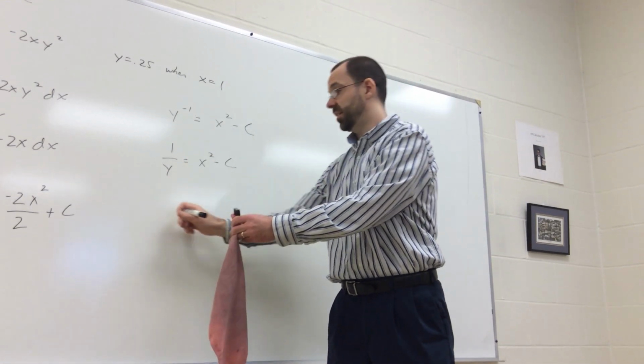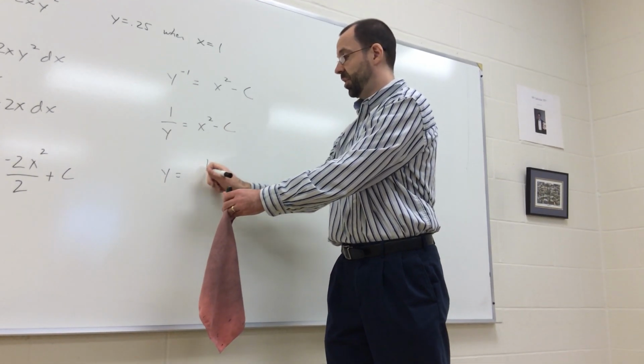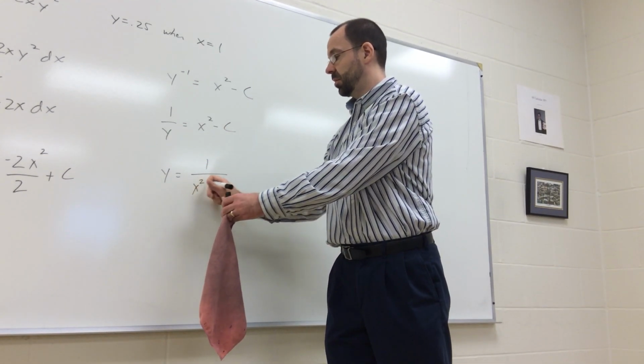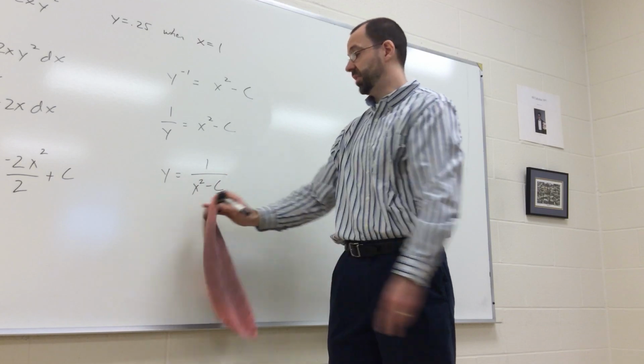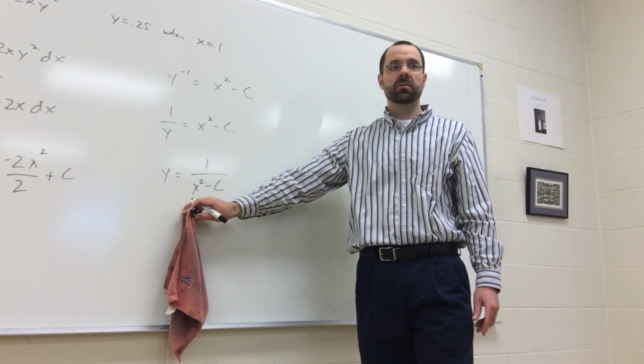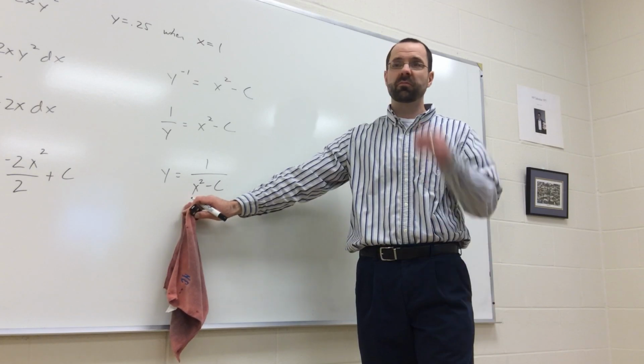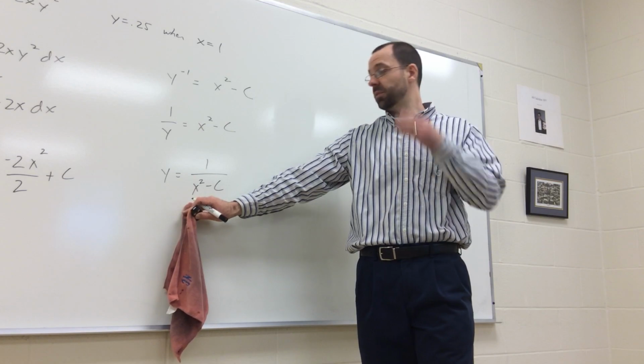So flipping this side gives me y, and flipping that side gives me 1 over x squared minus c. So now I'm pretty close to having the correct answer.